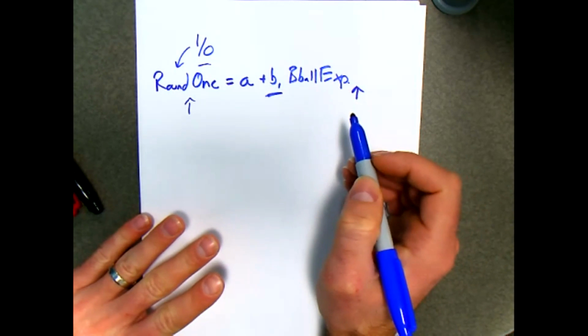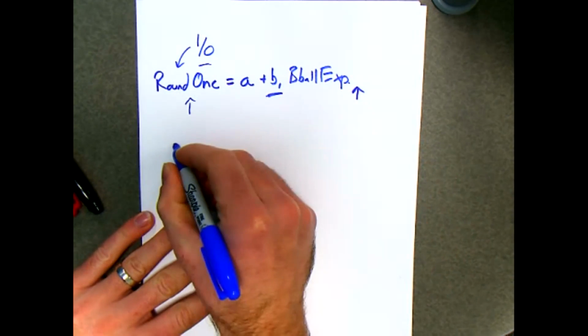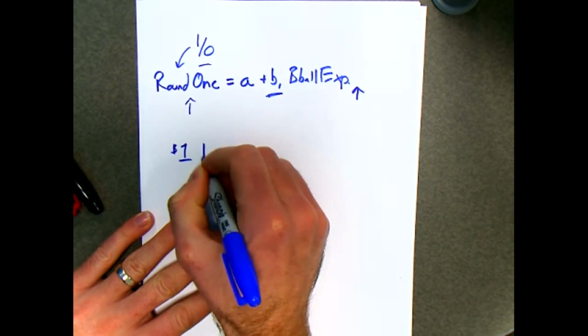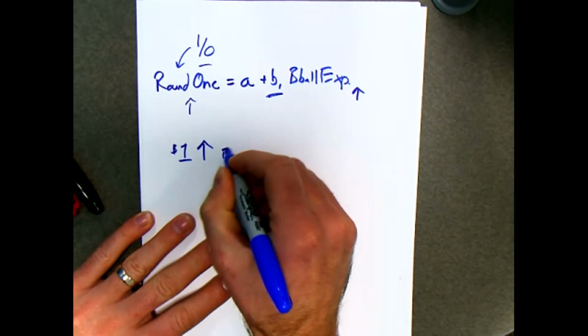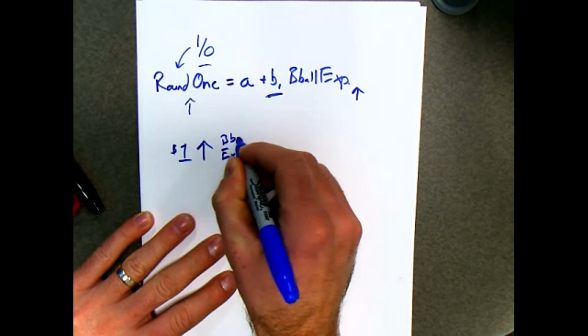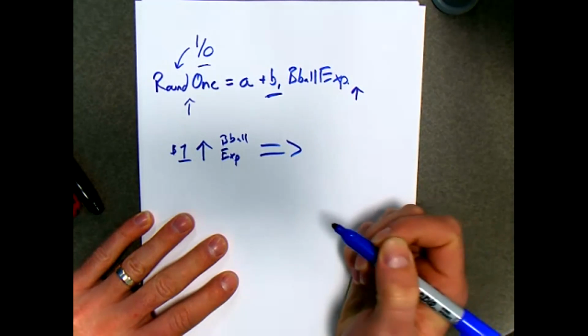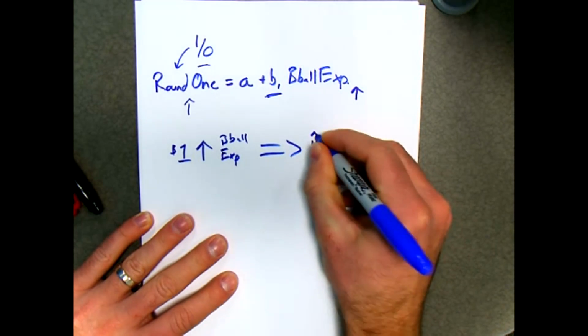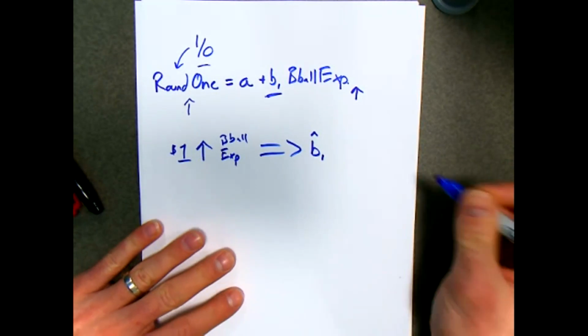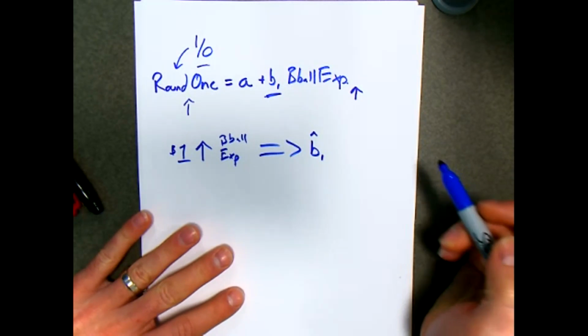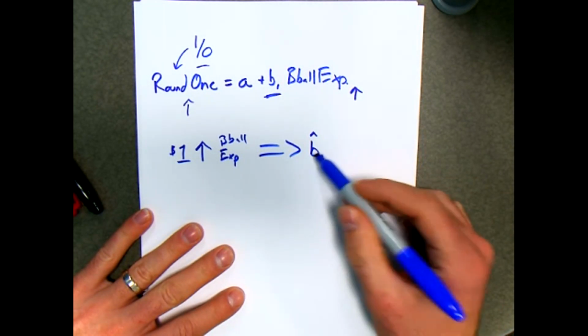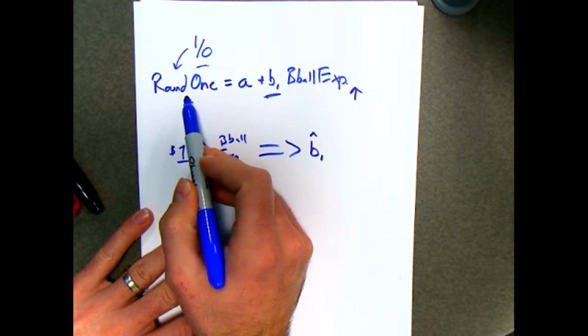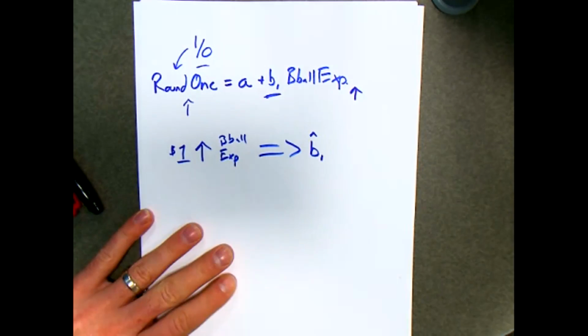A 1 unit increase in my x variable, so basically a $1 increase in my basketball expenses, will lead to whatever that coefficient estimate B1 is, a change in the predicted y value. Well, now our y value is either a 0 or a 1.